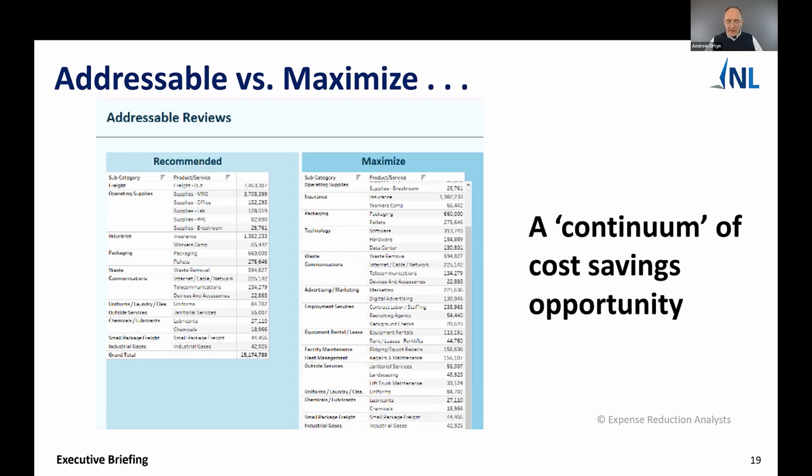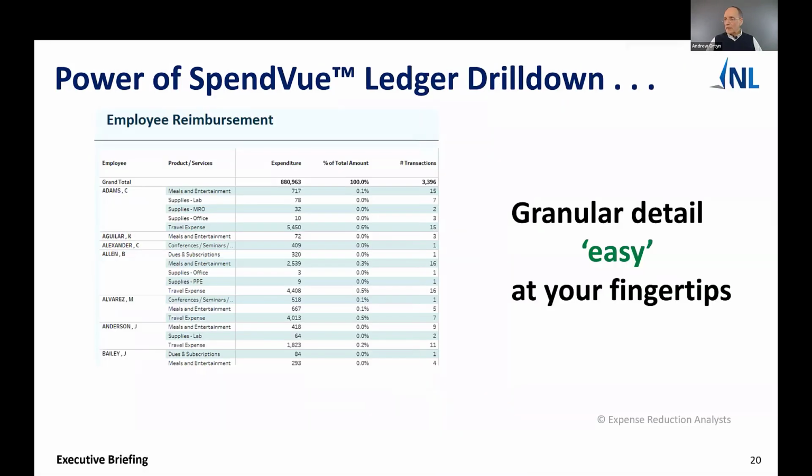Okay, great. This last chart was something that was really of interest to me in terms of granular detail drill down with your spend view capability. Can you just talk about that a little bit? Yeah, so this gives the client very detailed knowledge about things that are going on within the company that they may not realize.